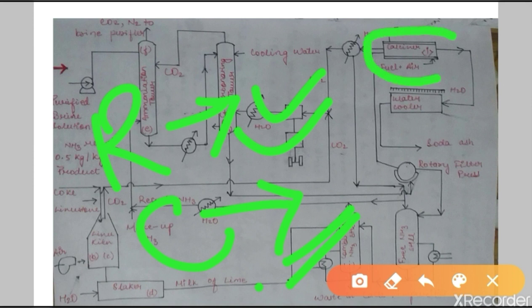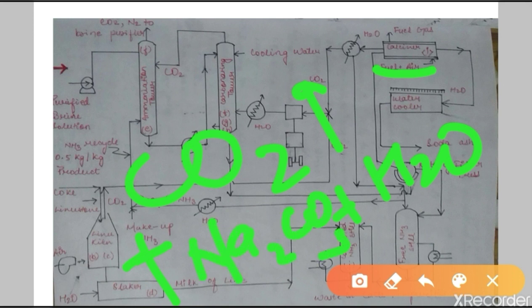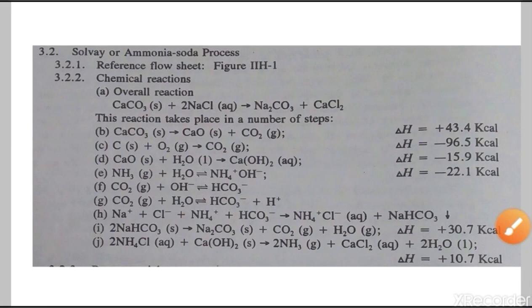Then NaHCO3 is taken to the calciner, where it is heated to a temperature, not very high, less than its melting temperature, and then it gives CO2 gas and H2O plus the carbonate, that is Na2CO3. Let us move to the reaction part so that you will understand it better.